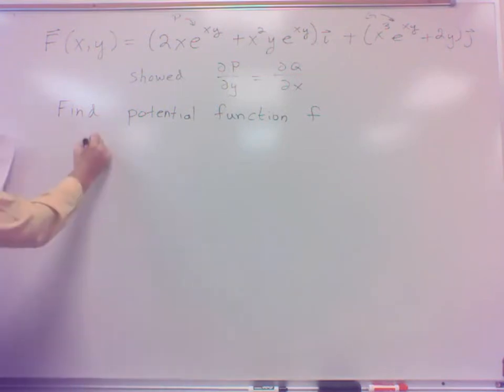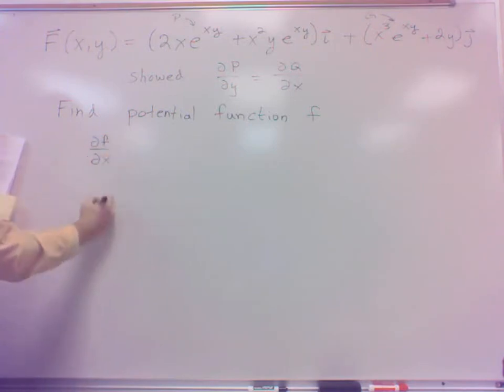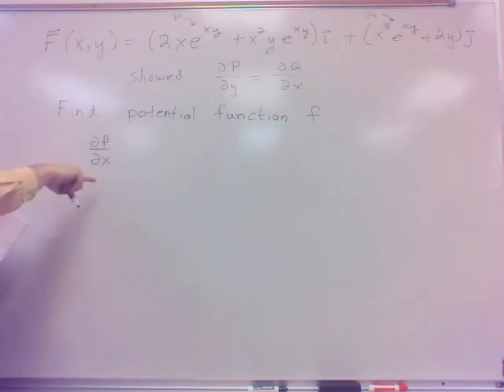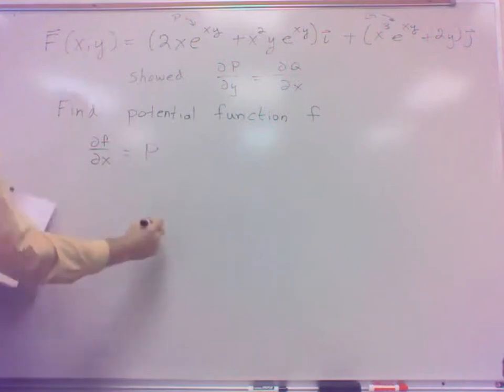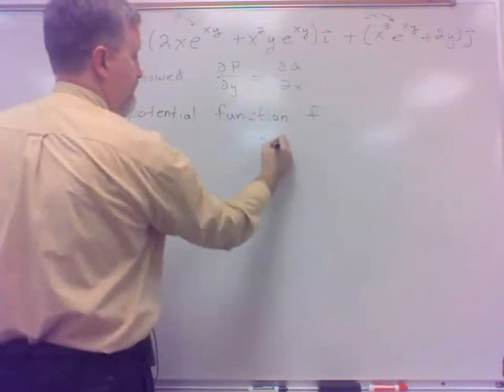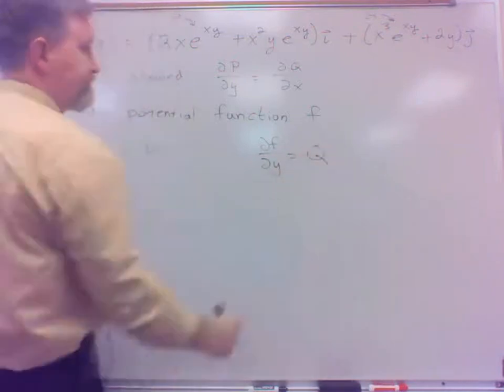Well, we set the partial of f, the potential function we're trying to find, with respect to x equal to p. And we also set the partial of f with respect to y equal to q.